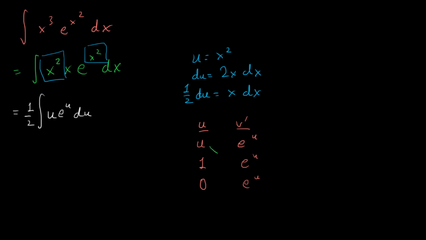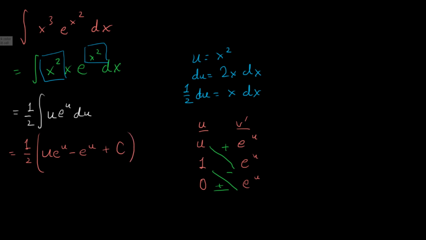We draw our diagonals and the horizontal lines, so start with a plus and then minus, plus. And so here, this all is equal to half out here times u times e to the u minus e to the u, and then here plus the antiderivative of 0, which is just a constant.